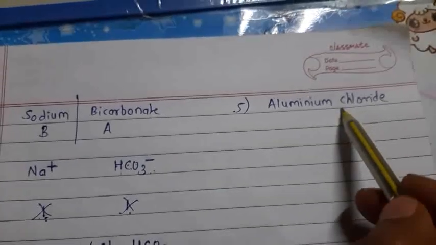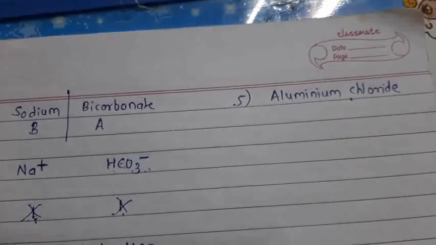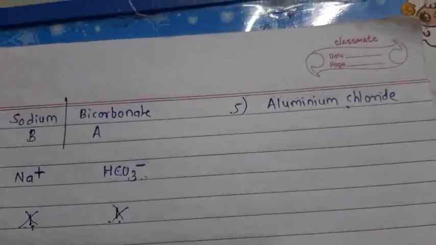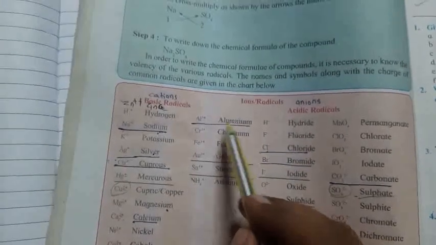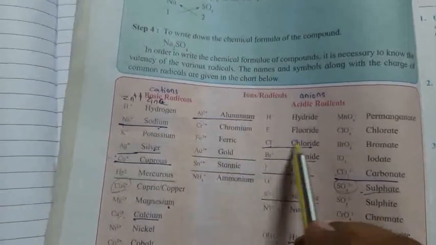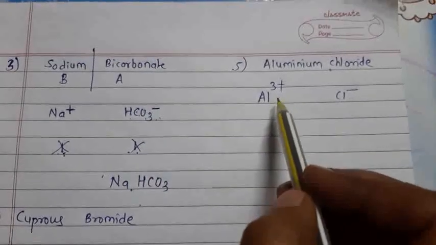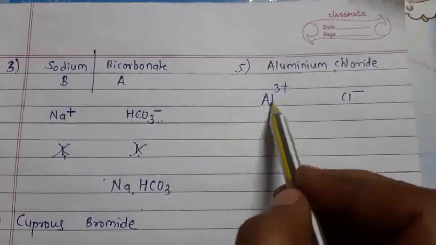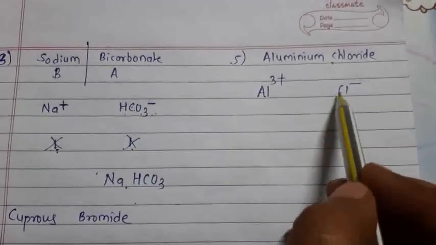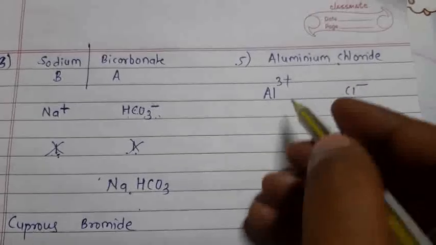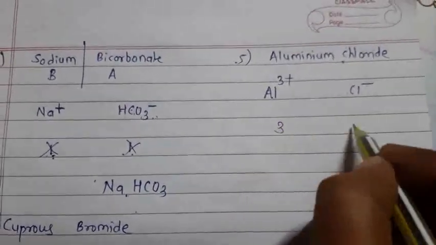Next example is aluminium chloride. Again from the table search for aluminium and chloride. Aluminium is shown by Al3 plus and chloride is shown by Cl minus. So aluminium is 3 plus and chlorine is minus. So valency will be 3 and 1.